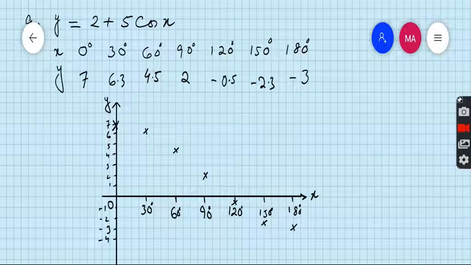Now join these points to get a smooth curve.